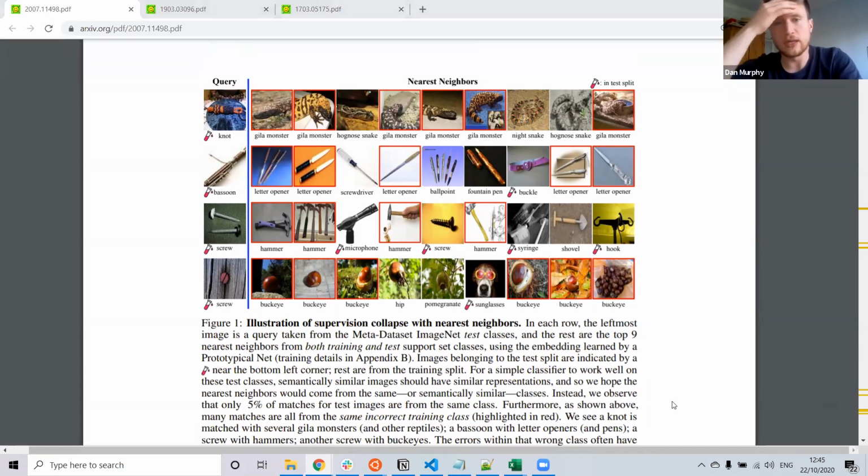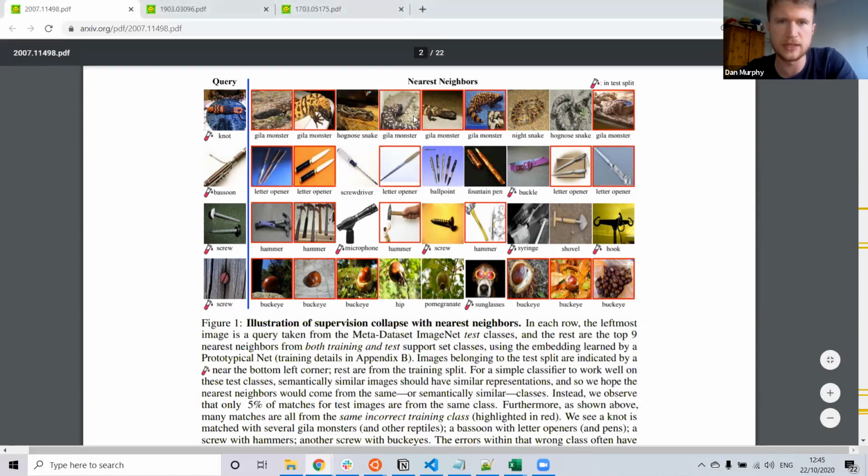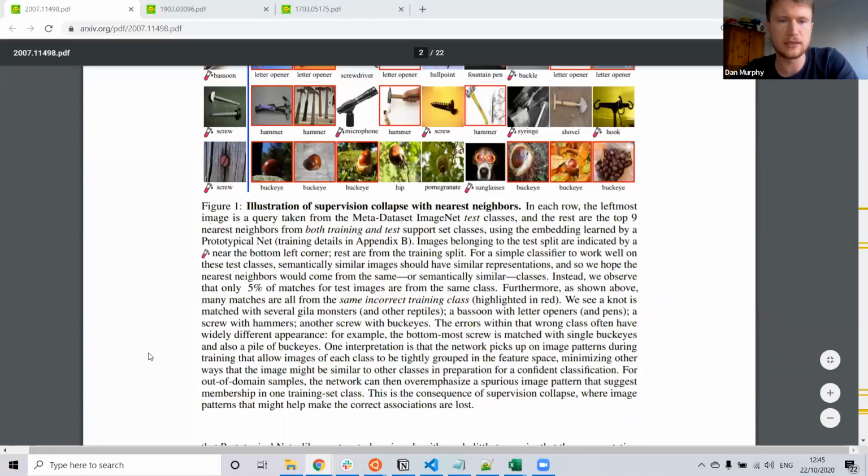Okay, so I think Adam's asking, when they say embedding, they basically mean the features that are the output from an all but last layer of, for example, a ResNet. Yeah, so that's it, basically. They use just some neural network, and I think it frequently is a ResNet. They do provide implementation details in the appendix.